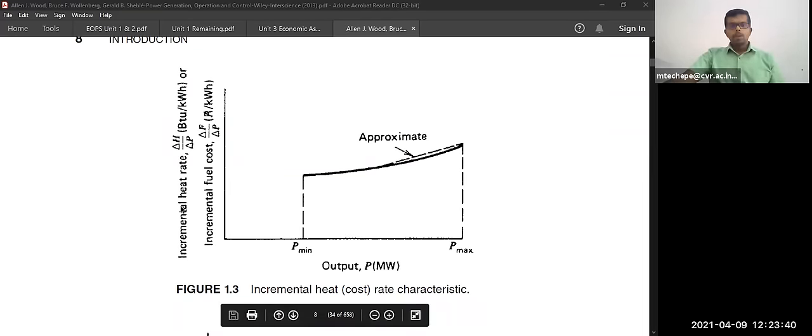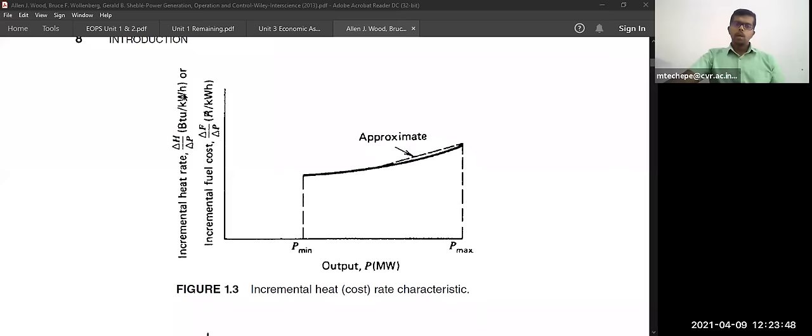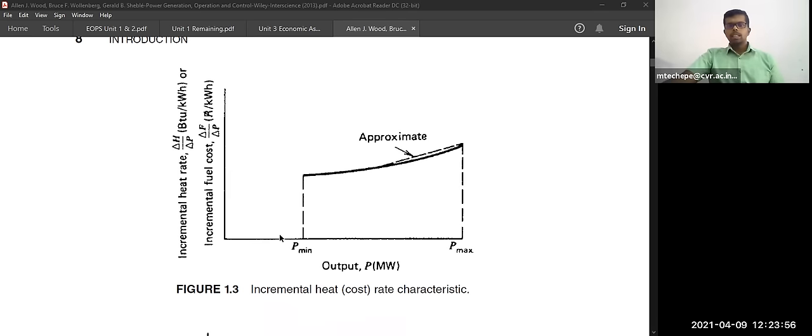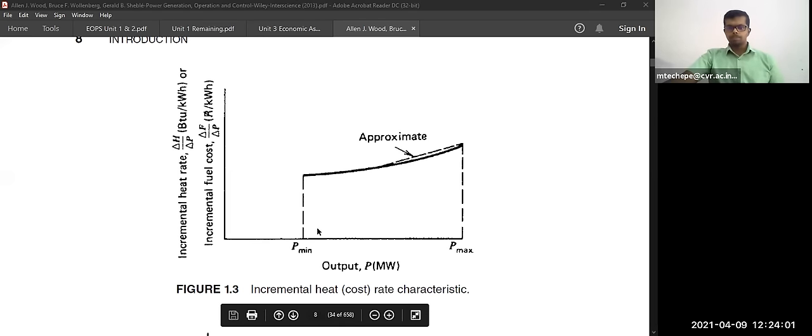So that is called incremental heat rate. On the y-axis we are taking the incremental heat rate, that is del H divided by del P, BTU per kilowatt hour. Similarly, incremental fuel cost is del F divided by del P, dollar per kilowatt hour. Here also we are taking the power output in megawatt.